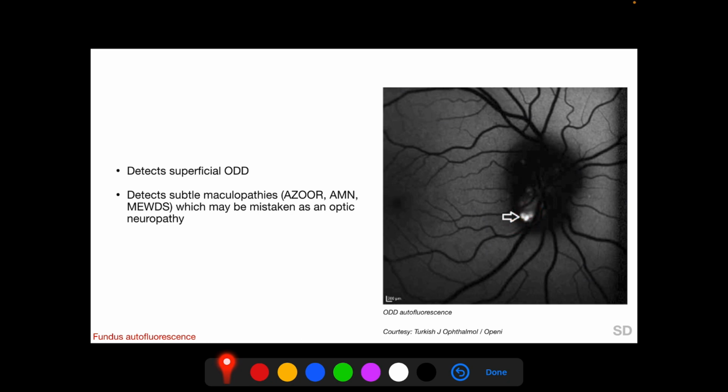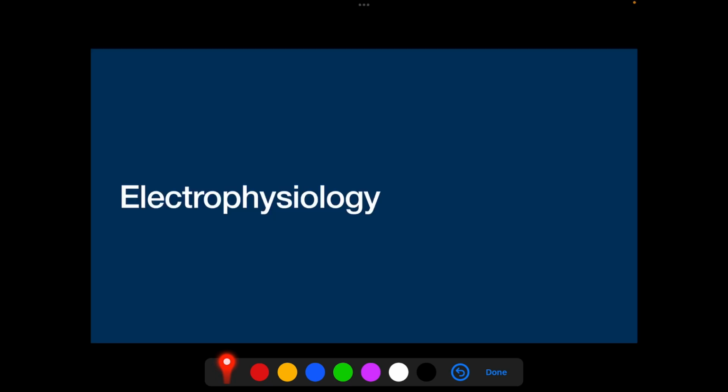Fundus autofluorescence also helps us to detect subtle maculopathies, which may be mistaken as an optic neuropathy. These subtle maculopathies include AZOOR, acute zonal occult outer retinopathy, AMN, acute macular neuroretinopathy, and MEWDS, that is multiple evanescent white dot syndrome, which we will be discussing in the presentations on posterior segment and uveitis.